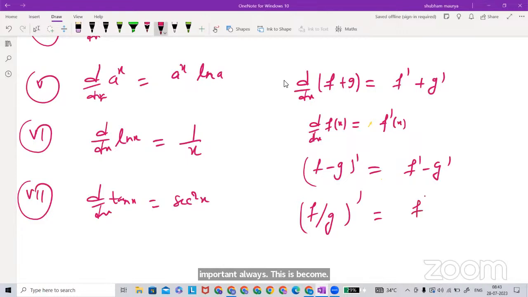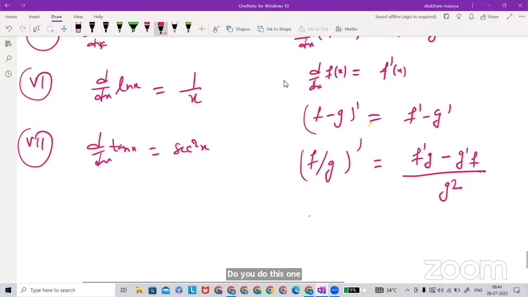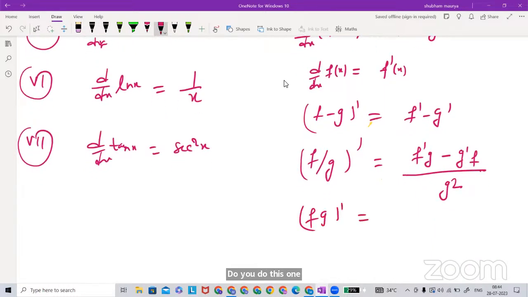This is f prime g minus g prime f upon g square. And if it is fg prime, then f prime g plus g prime f. Plus, yes. This is the formula.